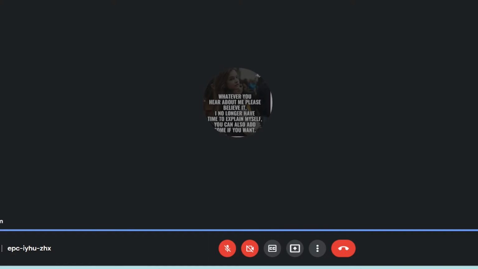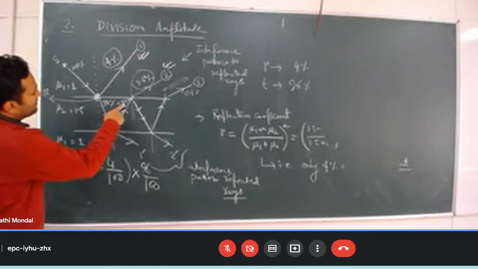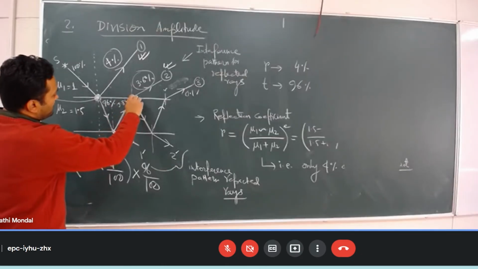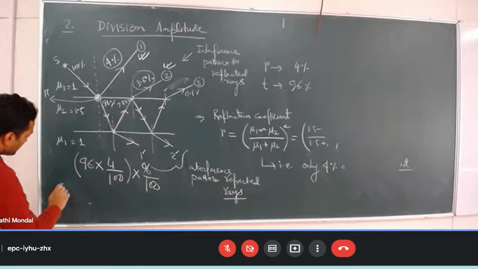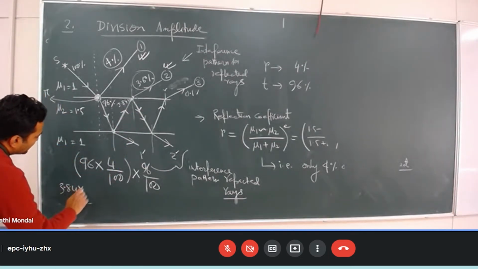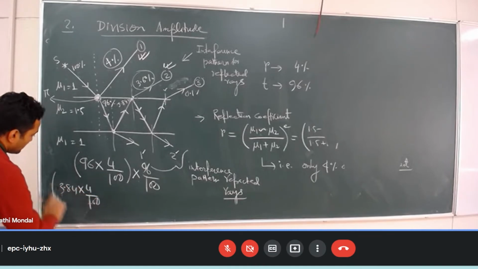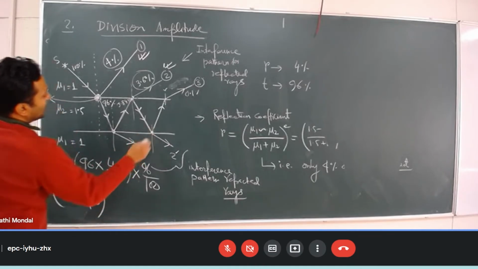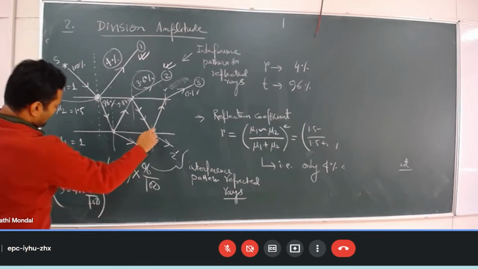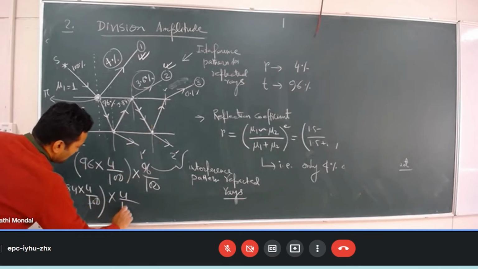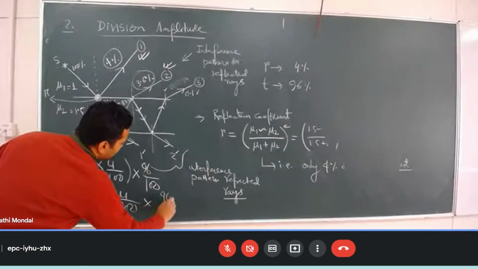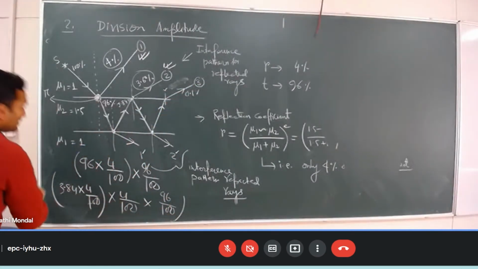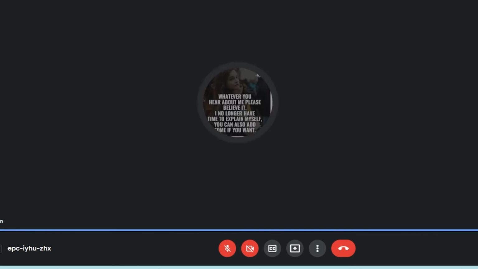Again you have 3.8%, and you have reflection here, so 3.84 into 4% reflection. Again you have 4% of this, and then again transmittance 96%. So that will give you the next value.